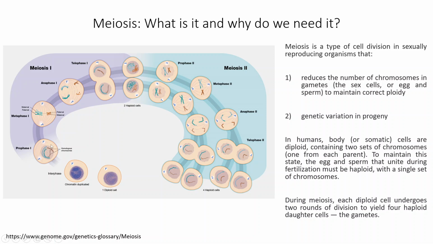Within meiosis 1 in prophase 1, and we'll go into the subdivisions of prophase 1 in the upcoming slides as well, you have your homologous chromosomes that start condensing and aligning together. And then in metaphase 1, they join up at the metaphase plate.